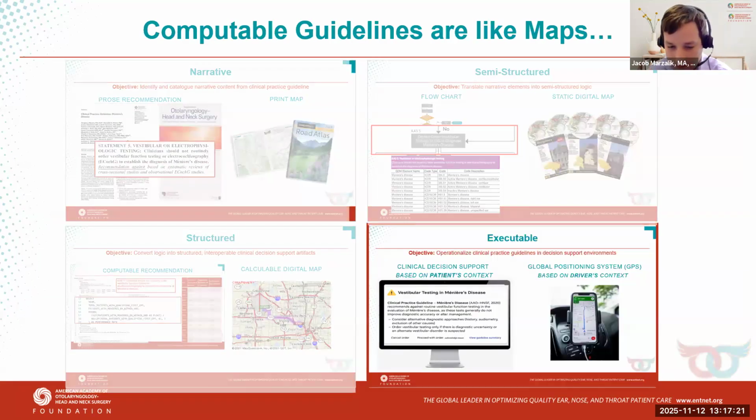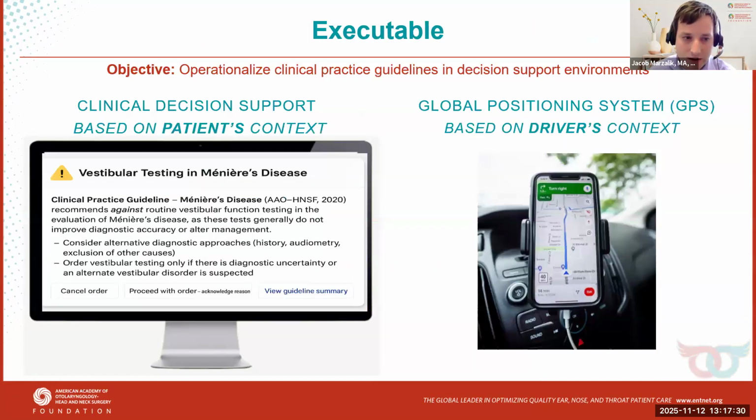Then we get to the fourth level, and this is the ultimate goal, going from a static map to what we use today, which is a GPS system. After going through the semi-structured and making the code structured, it ultimately will go to the electronic health record, and it'll be based on the patient's context, much like how the GPS system is based on the driver's context.